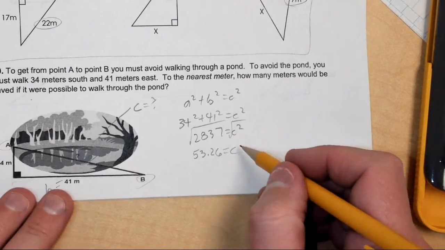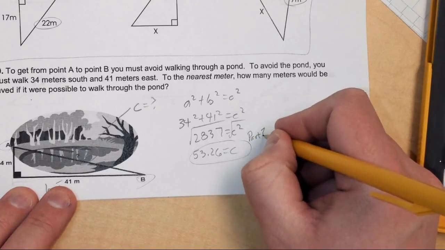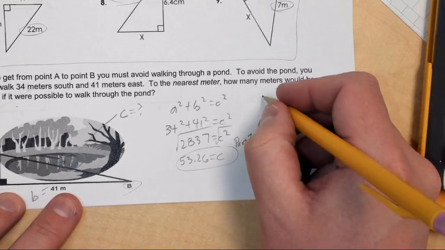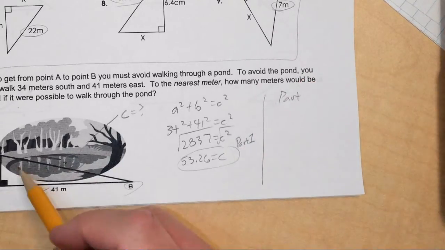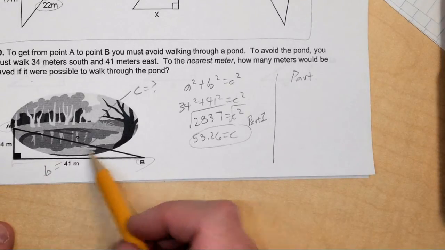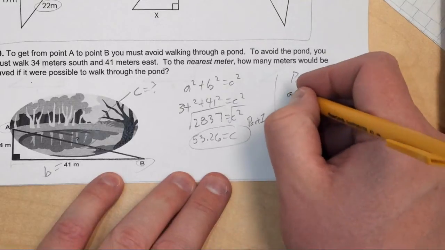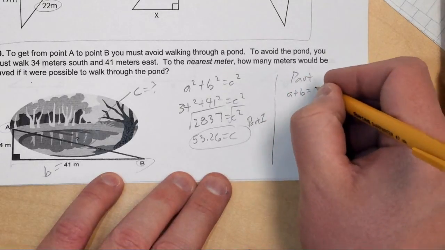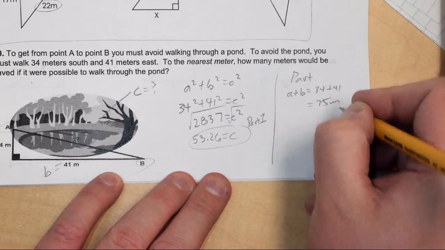This is not the answer. This is just part one of the problem. Part two, which is going to get me the answer, is we need to find the difference between the distance that was walked, the 34 meters plus 41 meters, compared to if you could just walk straight from A to B. So if I add A plus B, that's 34 plus 41, you get 75 meters.